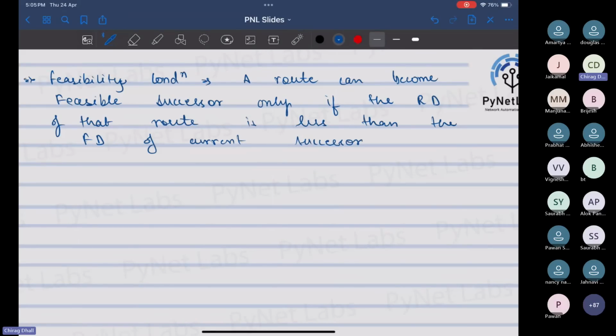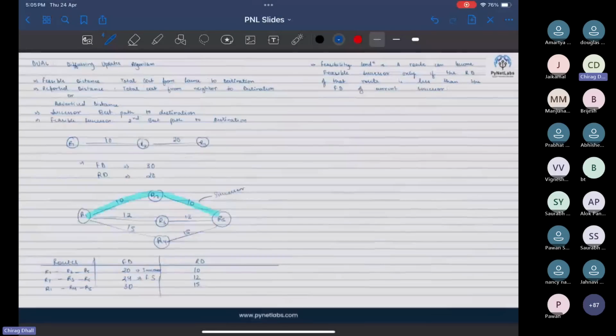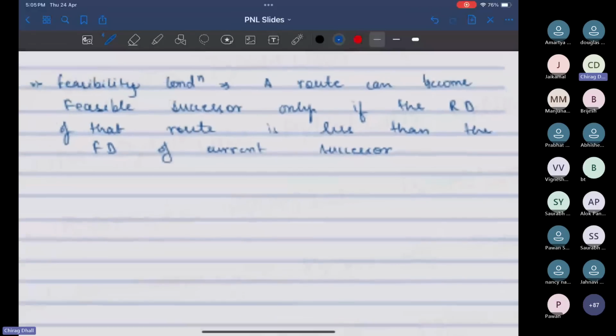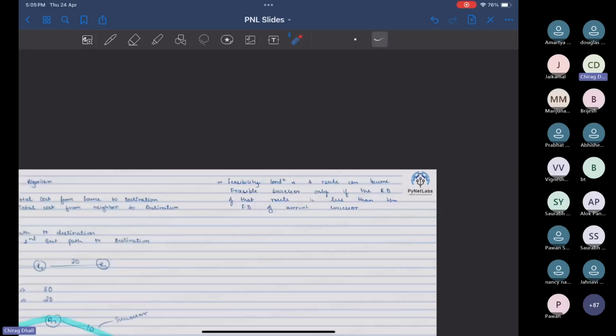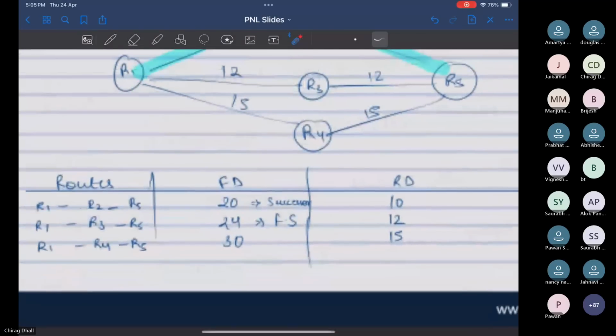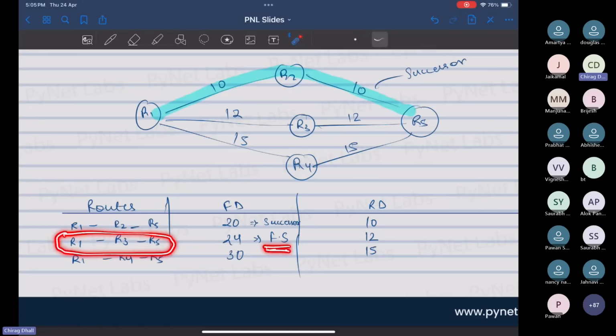So let's find out if this route meets the feasibility condition. A route can only become feasible successor if the reported distance of that route is less than the feasible distance of the current successor.